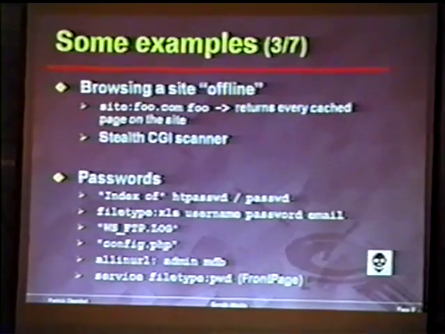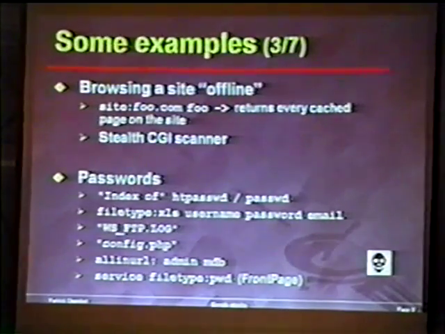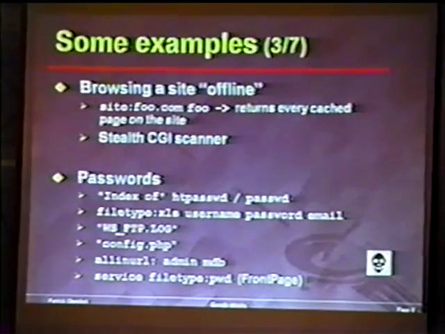You can find some Excel files containing a column named username or password or email, etc. And of course, you can search for specific files like the WS_FTP log file, the config.php file, etc., etc. And I told you about all the inurl keywords.